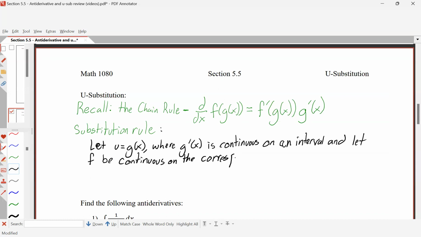All this setup sentence is saying is let these two functions work together with continuity and differentiability so that we can make the following composition.